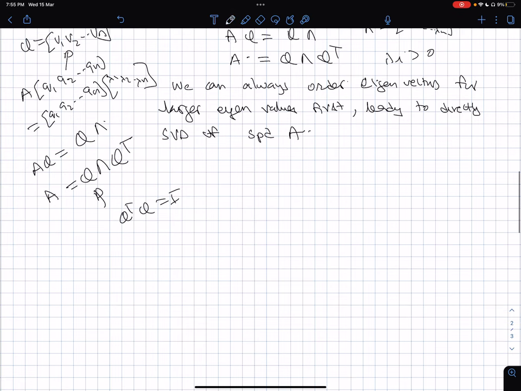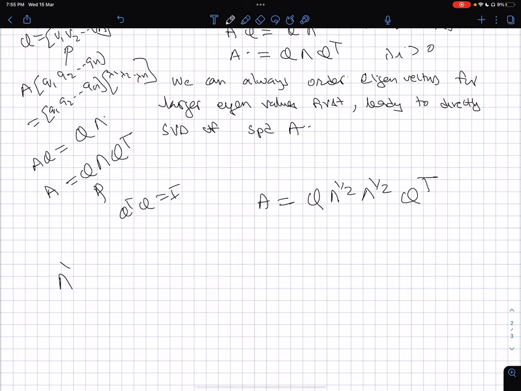Now what I am going to do is write this first in this particular form, where lambda to the power half is the diagonal matrix with square root of lambda 1 to square root of lambda n, and the square root of lambda i exists because each of the lambda i's in an SPD matrix is strictly greater than 0.